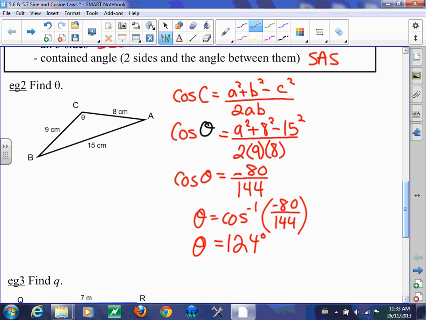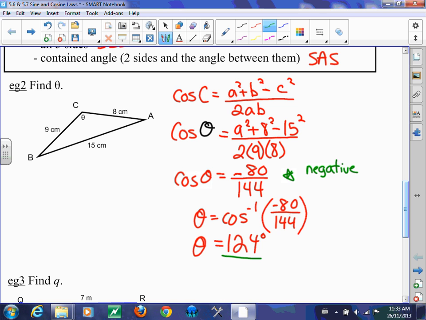I want you to think back now that we've got some more tools here, ladies and gentlemen. Notice how this ratio up here is negative. When you look at the final answer, which is your angle, 124, according to the CAST rule, that would appear in what quadrant, guys?